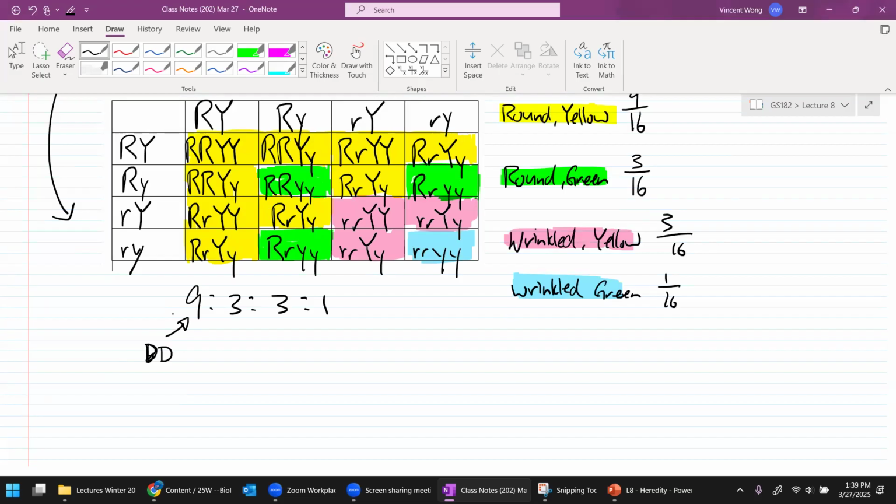The middle two numbers, the 3 and the 3, are talking about dominant recessive or recessive dominant. So in this case, either yellow wrinkled or green and round. If only one trait is dominant and the other is recessive, then you have a 3 out of 16 chance of it showing up. And the most rare form, which you will very unlikely find, is recessive.